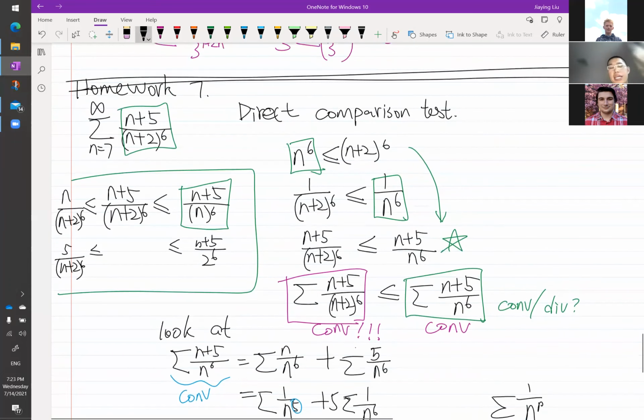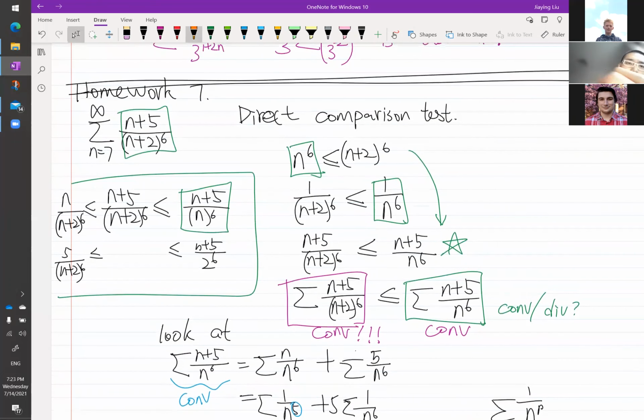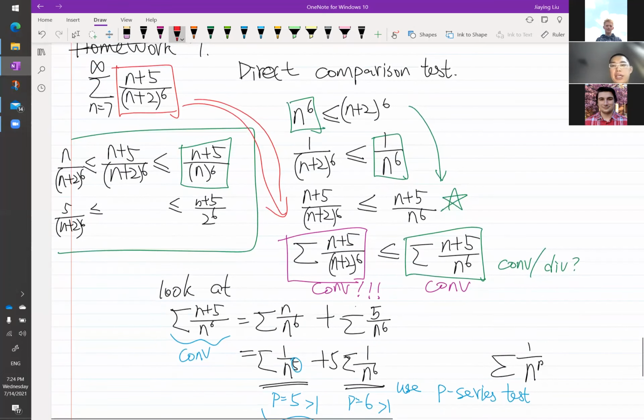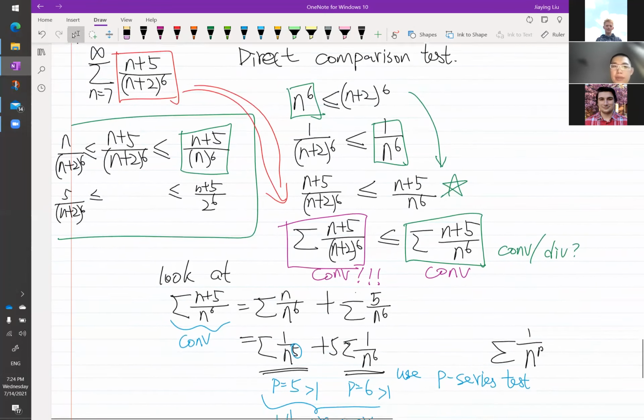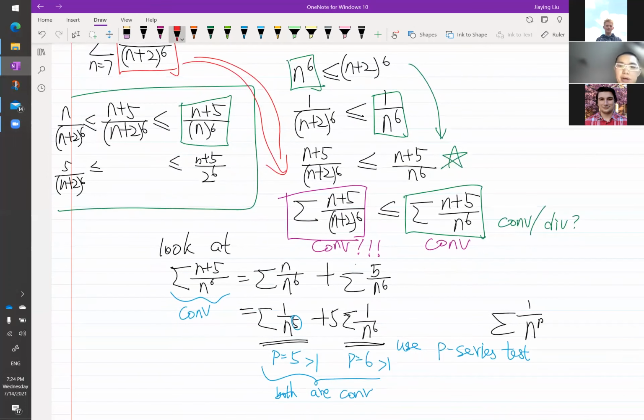Like I said, some of you may be getting good at this, and by just looking at that expression, you immediately see that you can use n plus 5 over n to the 6 as a comparison. That's totally fine. You don't have to show any other work, but I just want to explain where that comes from, at least from what I see. All right, any other questions on this problem?